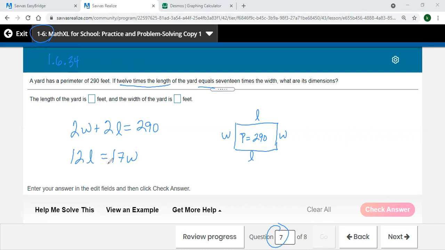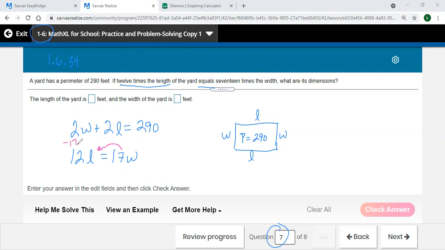All right, so at this point then, how would you like to solve this? I'd probably rewrite this equation maybe here. The 12 is an L though, isn't it? So let me undo that. Let's move the 17 over to this side.